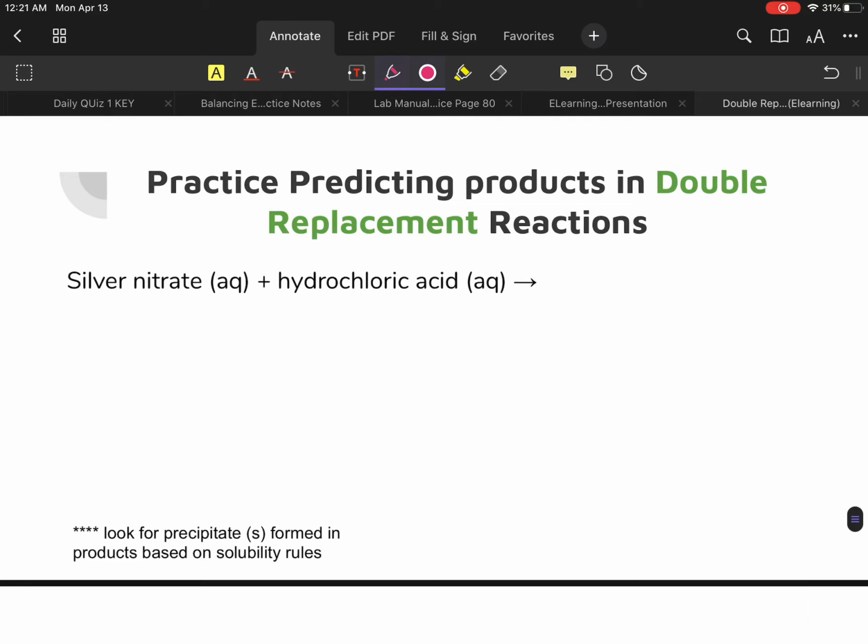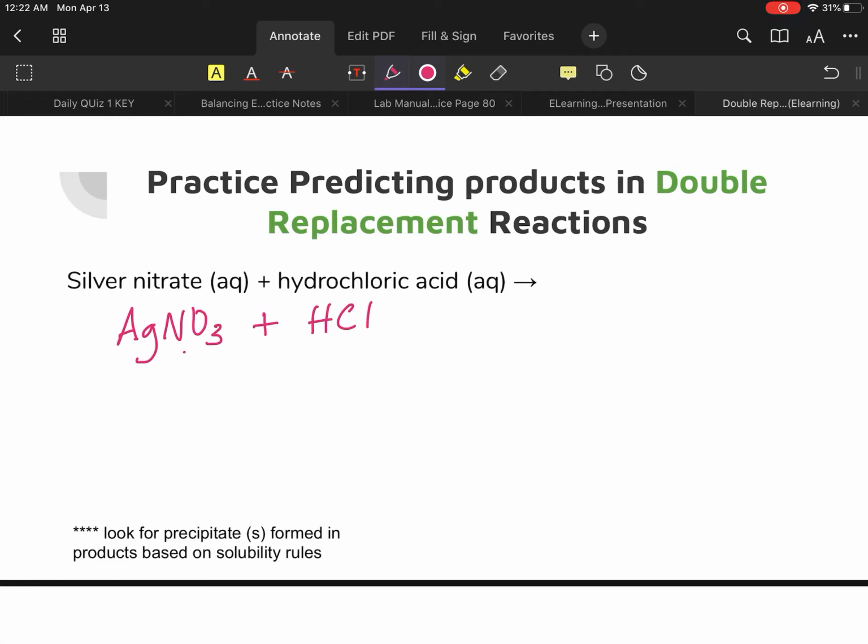Okay, so here we can do another one, except this one's a little different, because since it's hydrochloric acid, I might have to actually write out my formula instead of just being able to swap my words. So silver nitrate plus, how do I write hydrochloric acid? I know it's an acid, so it has to start with an H. My chloride, hydro-ic, is just Cl.